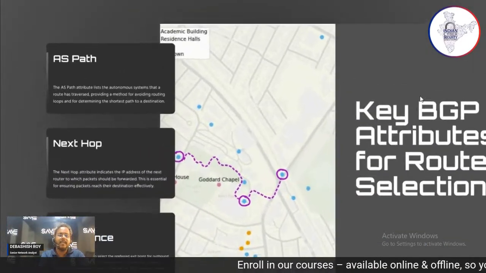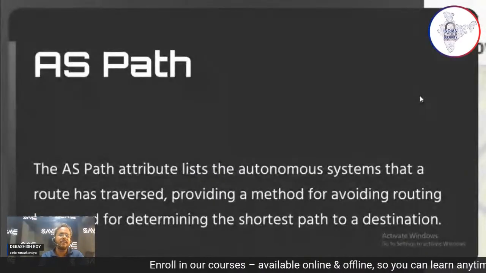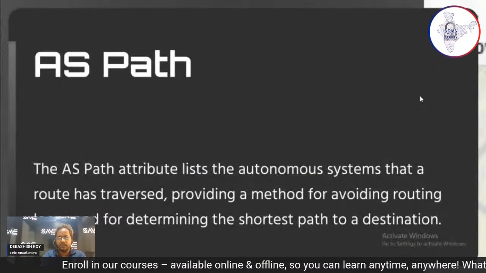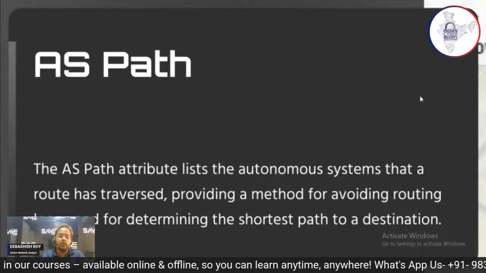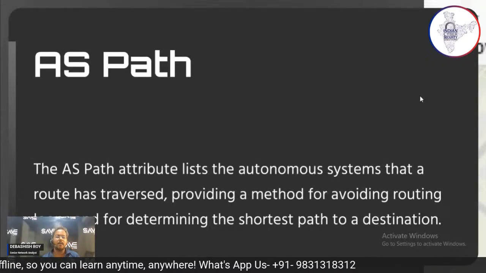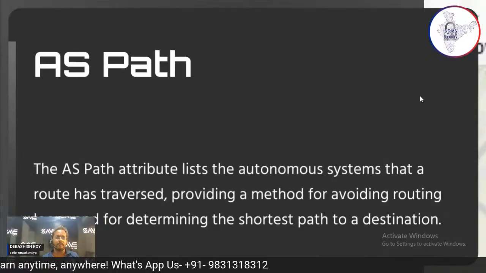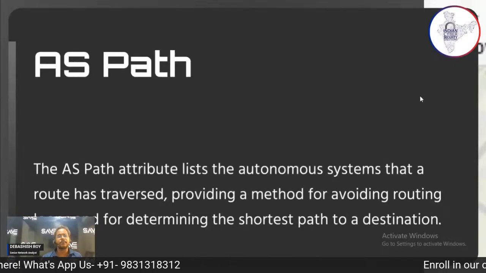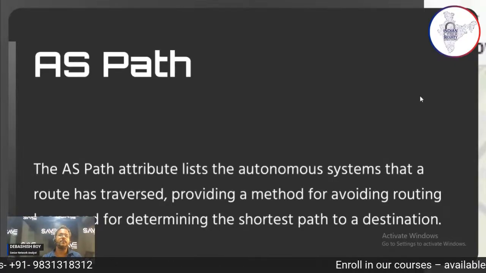Then you first have the AS path. The attribute lists the autonomous systems that the route has traversed. So it provides a method for avoiding routing loops and for determining the shortest path to a destination. If I am in, say, AS 1, whenever I cross to some other AS, the AS path increases.